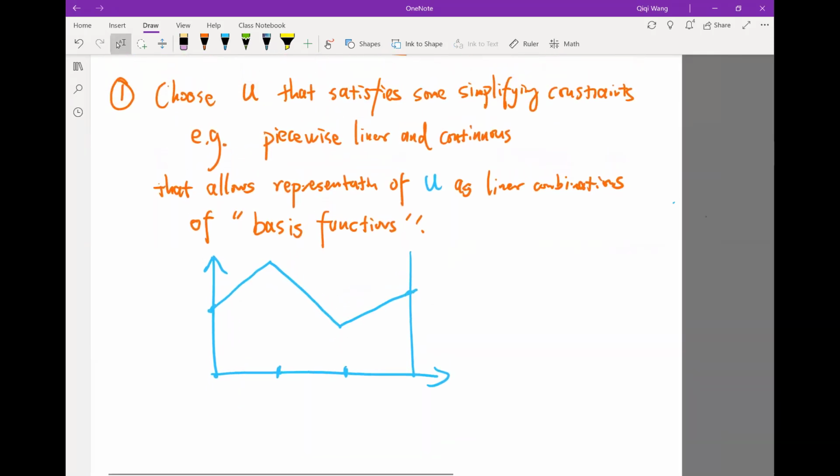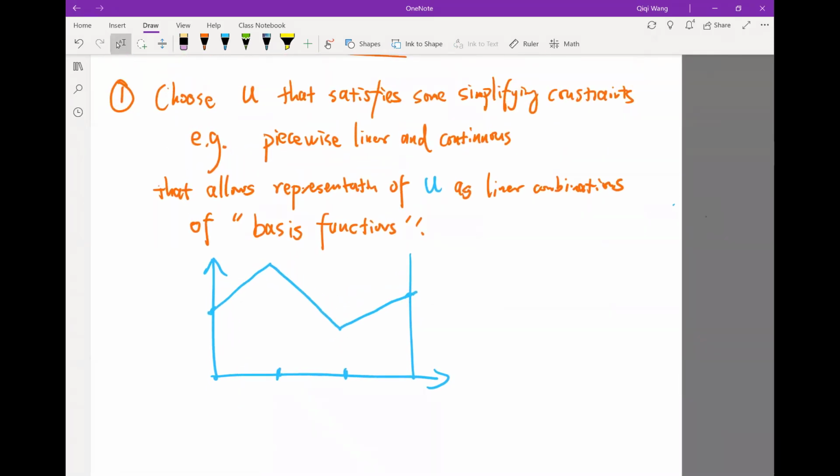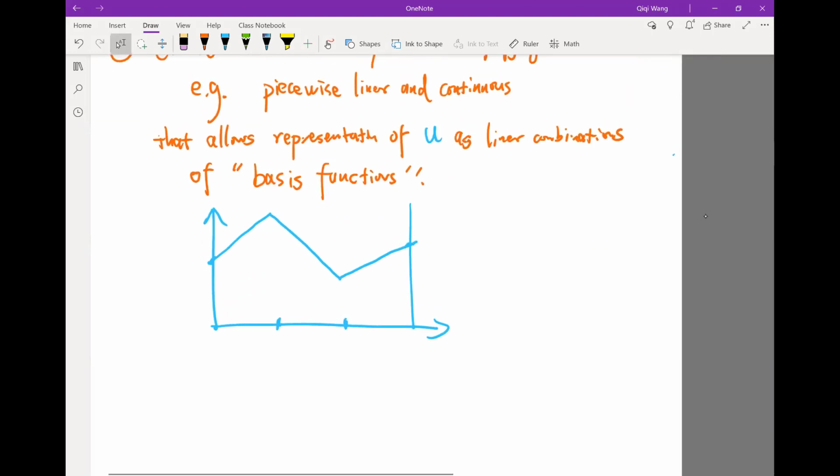In this case, I'm going to claim that any U of X can be represented as a linear combination of basis functions.